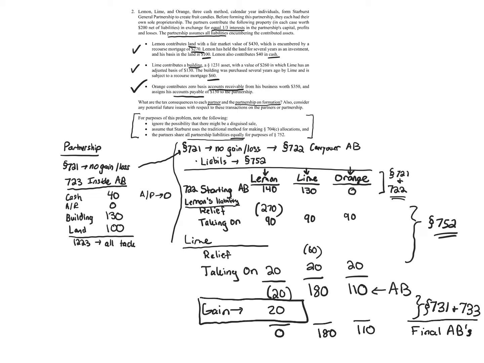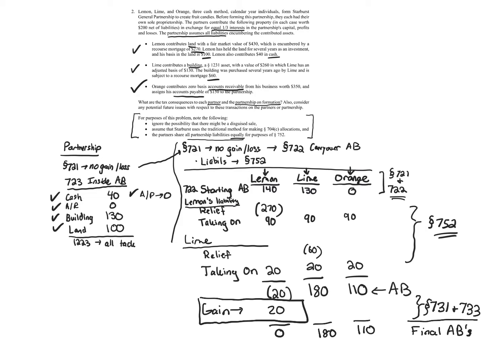So what I want to stress in this problem, we start with the partnership. Okay? Again, no gain or loss of the partnership. Also, with respect to the inside basis under section 723, we just roll over the bases of each asset that the partners contribute to the partnership. So that's where we get these numbers for these 4 assets and this liability.